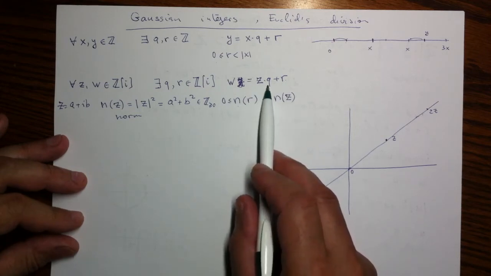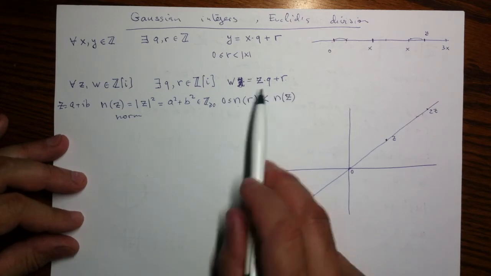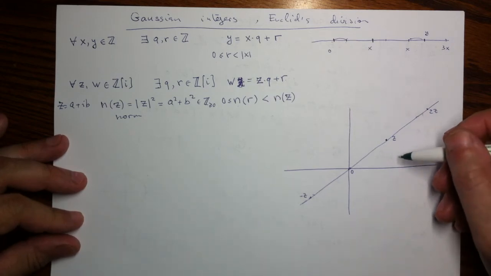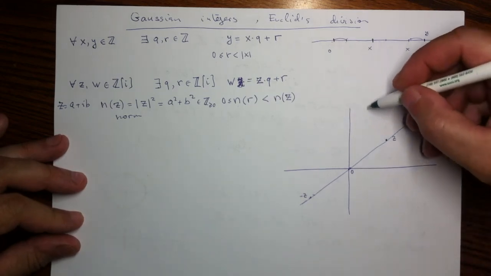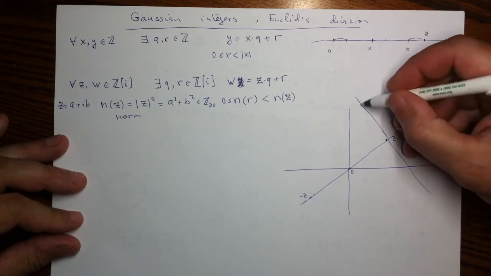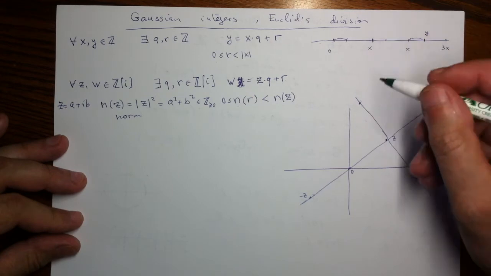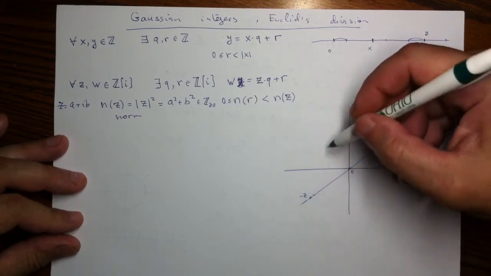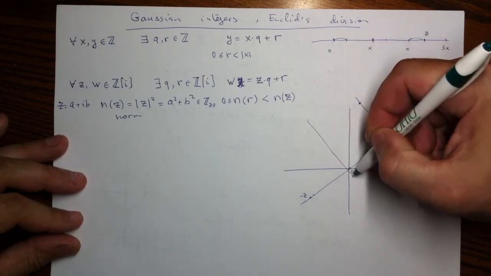Again, the quotient is a Gaussian integer itself, so we can have a perpendicular direction. We can go into the orthogonal direction, passing through q, moving the same step, and ending up with, well, let me start it here.